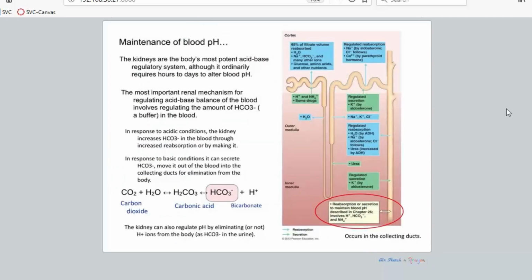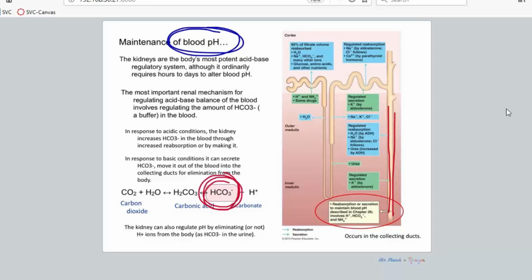Now, one last thing that I haven't talked about yet with regards to the kidney. The kidney regulates water balance. It regulates electrolyte balance, which we just talked about, both of those. It's also involved in the maintenance of blood pH. And specifically, this is again at the collecting ducts, the collecting ducts have the option of producing this molecule called bicarbonate.